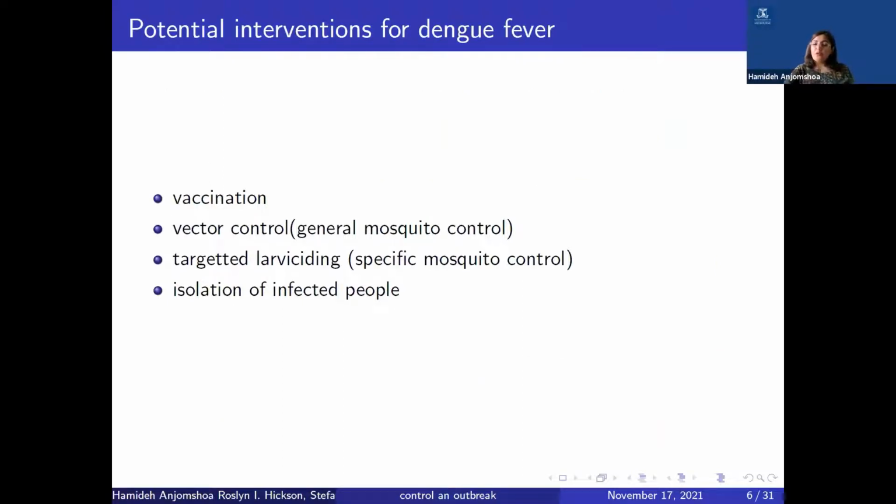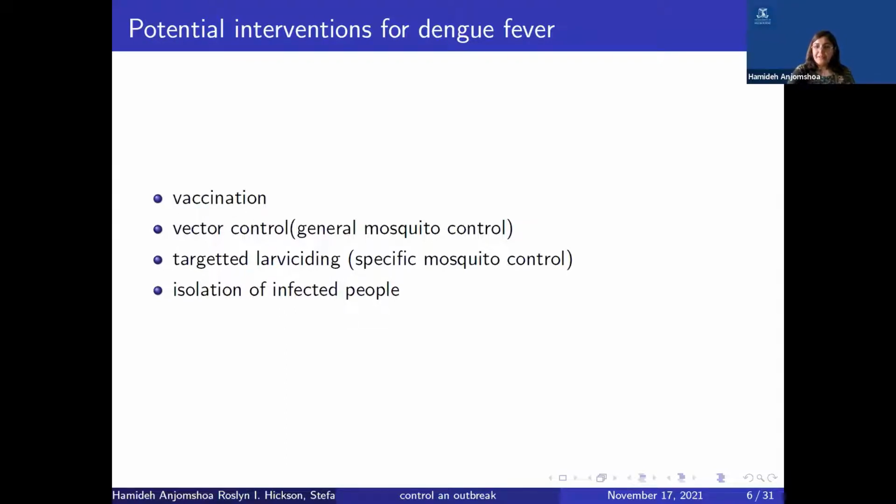So in the real world, how do they control dengue fever in order to stop it from spreading? Like many infectious disease controls, there are multiple interventions. For example, they might have a vaccine.